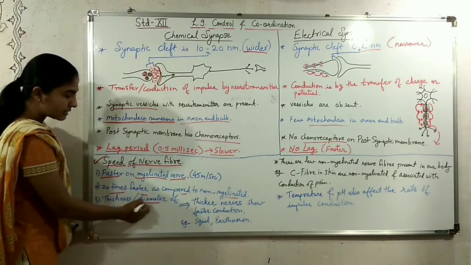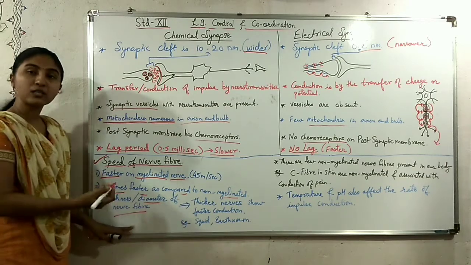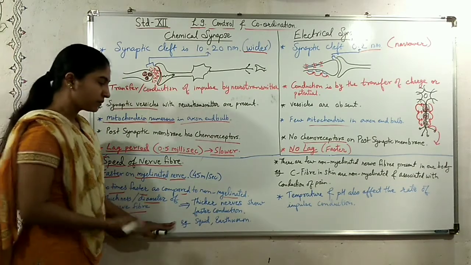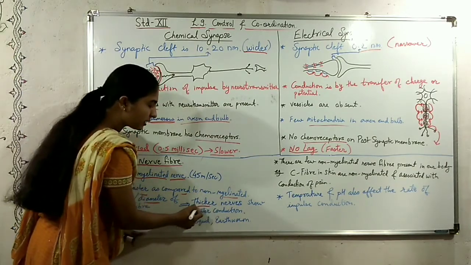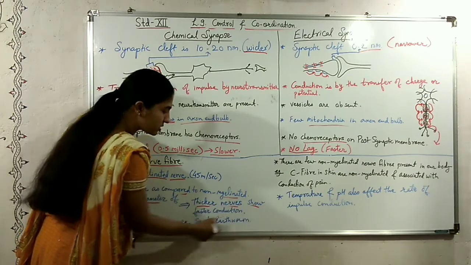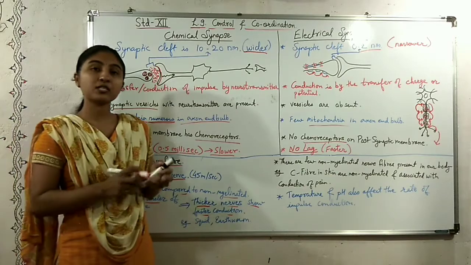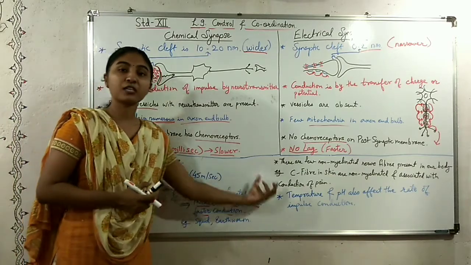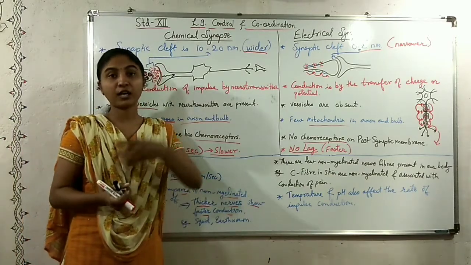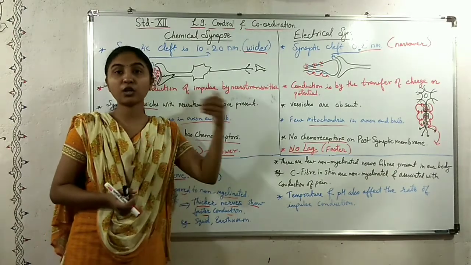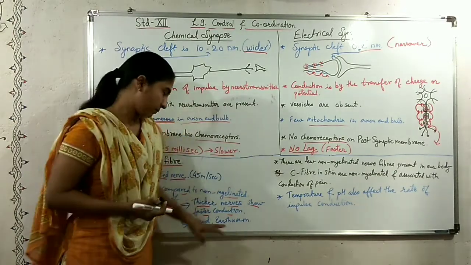Another factor is the thickness or diameter of the fiber. The thicker the nerve fibers, the faster the conduction. If the nerve fibers are thicker, the conduction of the impulse will be faster.